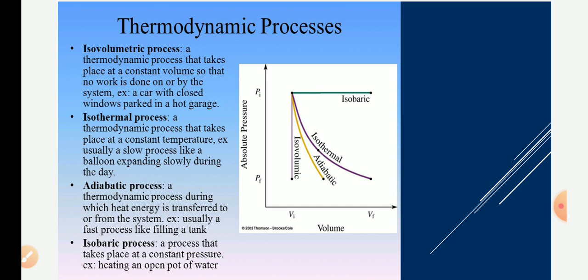Here, if you observe, a graph is plotted between pressure and volume. The Y-axis is pressure and the X-axis is volume. The first one is the isobaric process. In an isobaric process, we get a horizontal straight line, because the pressure remains constant. Then the isochoric, or isovolumetric, process: the volume is constant, so we get a vertical straight line.